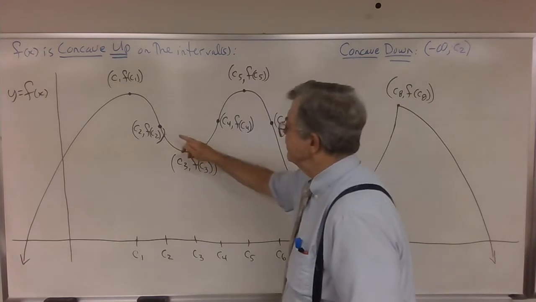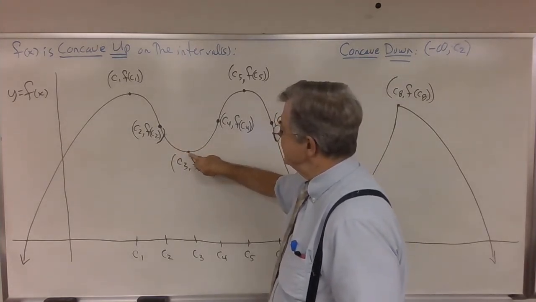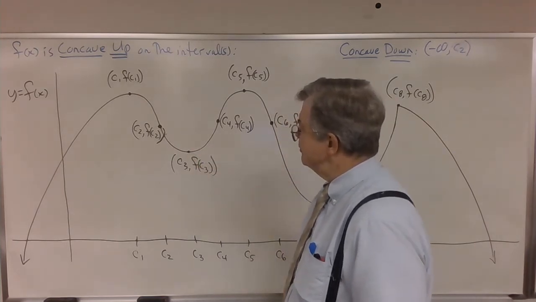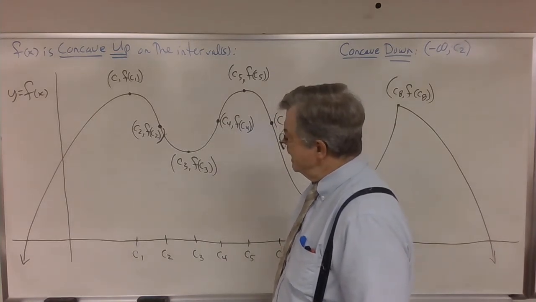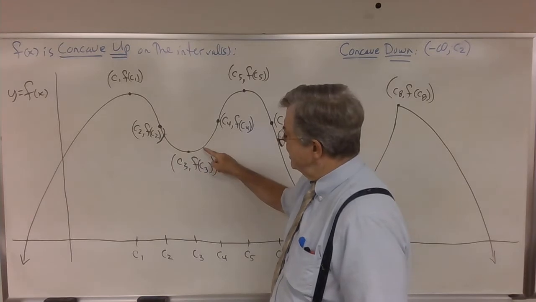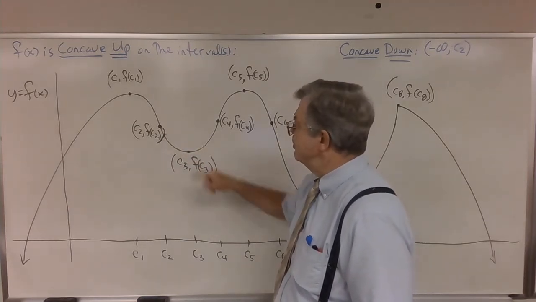Now let's see. Here the graph is concave up. What happens here? Right here we have a relative minimum. It's a low point on the graph. But to my way of thinking, the graph is concave up here, and it's concave up here. It's going to hold water on both sides of this point.